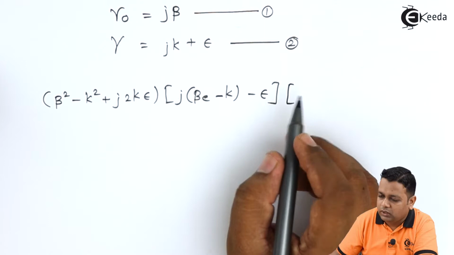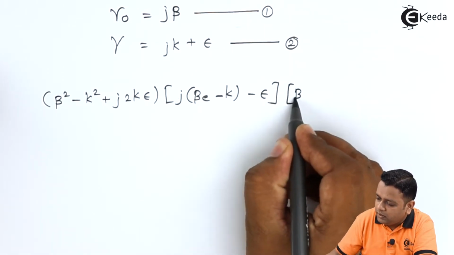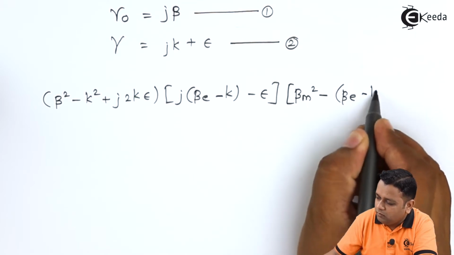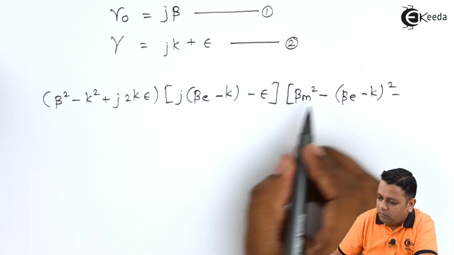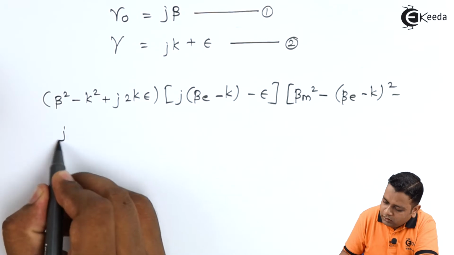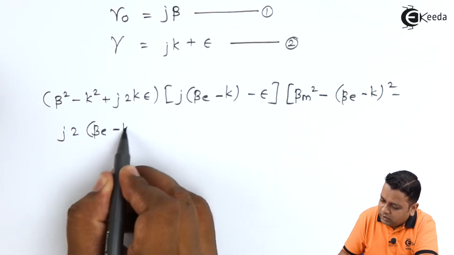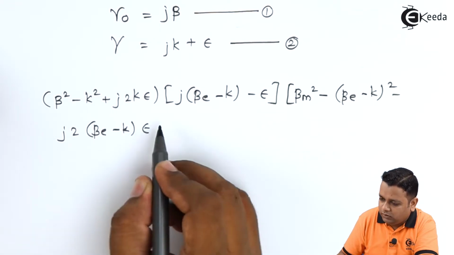Again we have beta suffix m squared minus the bracket beta suffix e minus k, squared, minus j times 2 times beta suffix e minus k into epsilon.